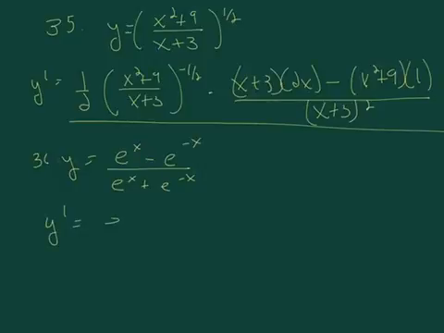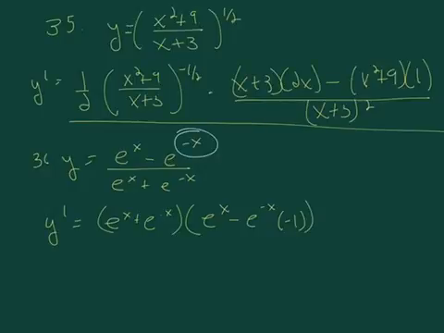So low, e to the x plus e to the negative x, d high, which is going to be e to the x, minus e to the negative x times negative 1, because this is negative x, so we have to multiply by its derivative, because we're using the chain rule on that second e, that e to the negative x. So we get e to the x minus e to the negative x times negative 1.